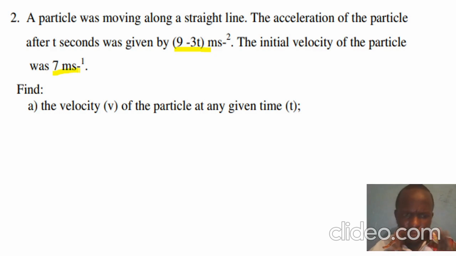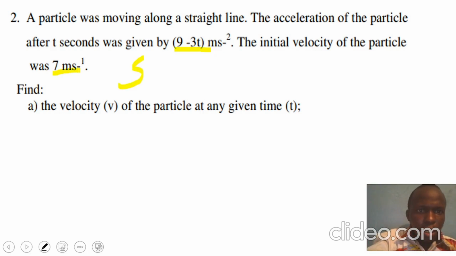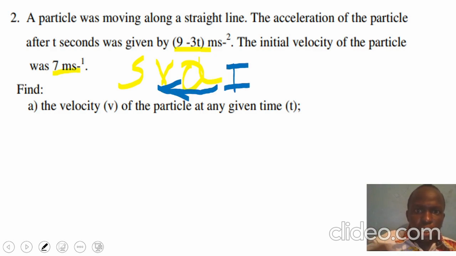Now, this question is asking us to come up with an equation of velocity. We have already been given acceleration. So what we need to do is to use acceleration to get velocity. From acceleration to this direction, I'm going to integrate.